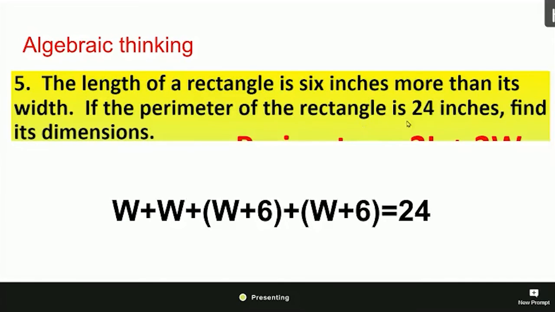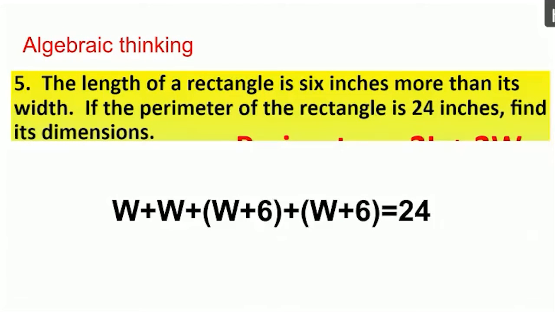But as I always say, if this question gets more difficult, let's say the perimeter of the rectangle is not 24, it's 99 or 268, when the problem gets more complex, it's not possible anymore for you just to see the answer.